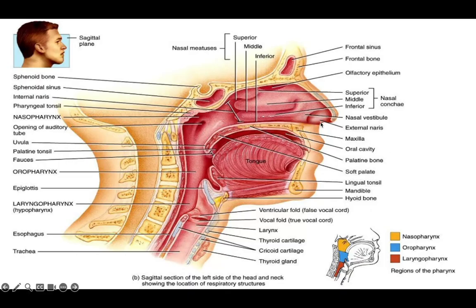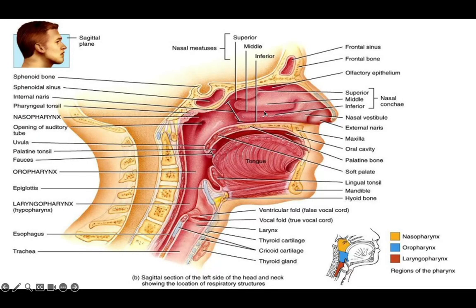We're going from the external nares into the nasal vestibule, and then we're going to reach the nasal concha. The superior and middle portions of the nasal concha are part of the ethmoid bone, and then the inferior nasal concha is its own bone, and it is paired.